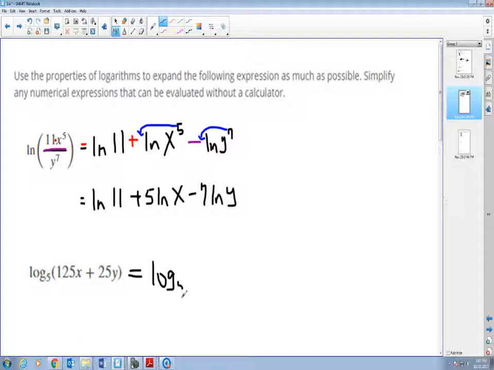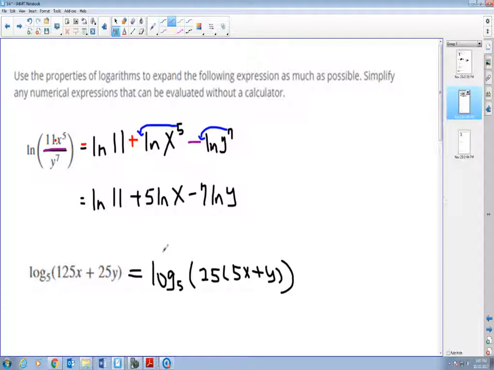So that will give me log with the base 5 of 25 times 5x plus y, because 25 times 5 is 125.